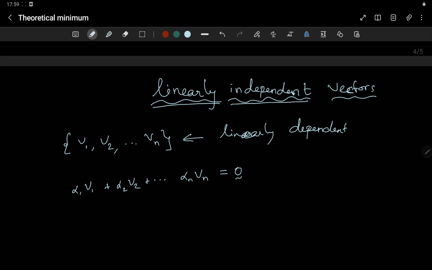Then we can call this set as linearly dependent. If you don't have any such non-trivial solution, then you can call that set as linearly independent vectors.